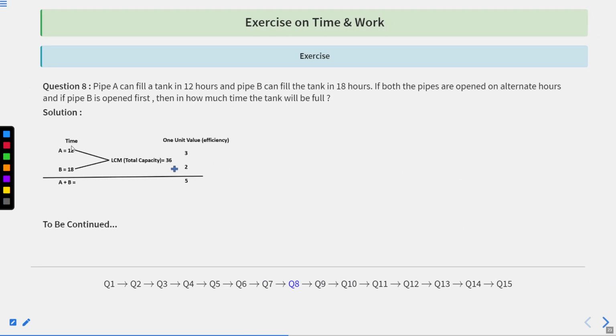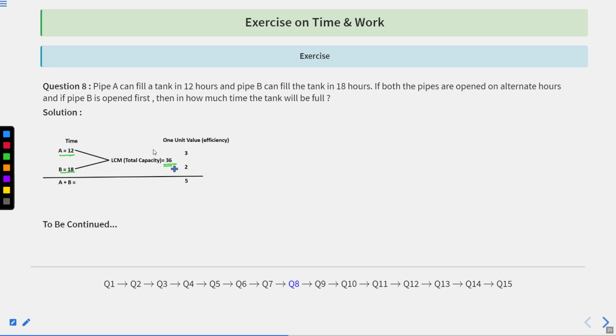So time taken by pipe A is 12 hours. Time taken by pipe B is 18 hours. So the total capacity of the tank is LCM of A and B, that is 36 units. So what is the efficiency of A?